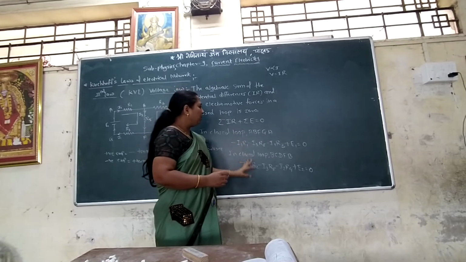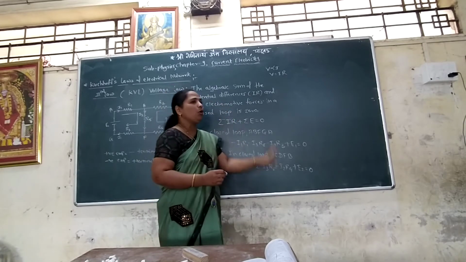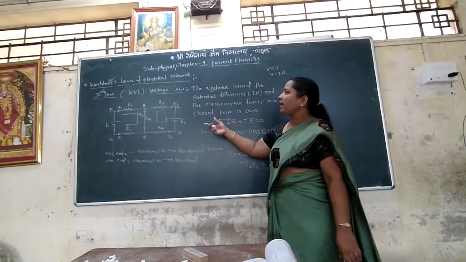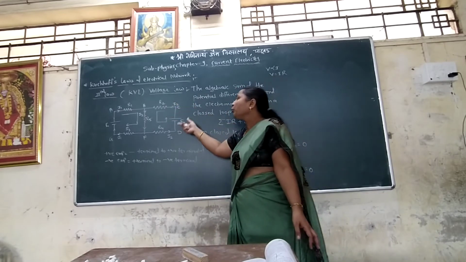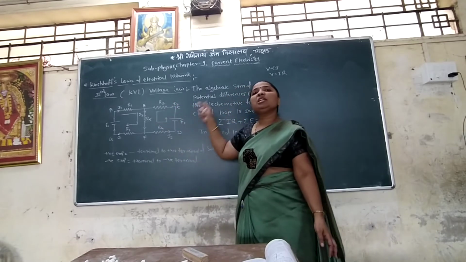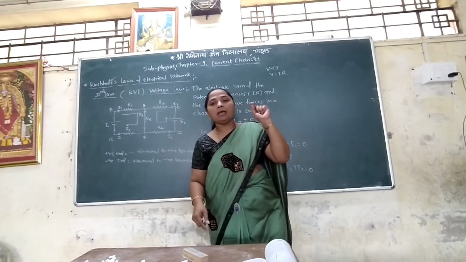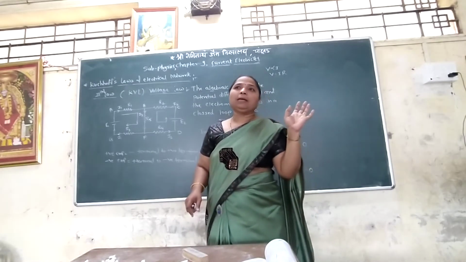Therefore, these two equations can be presented as Kirchhoff's voltage law. Voltage law means the potential differences across each component plus the electromotive force; energy is conserved. In Kirchhoff's current law, charge is conserved.